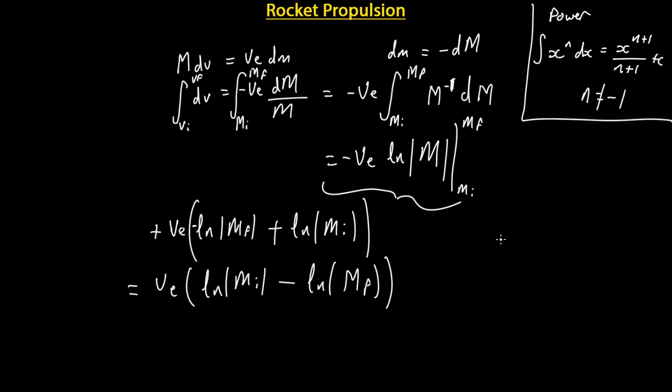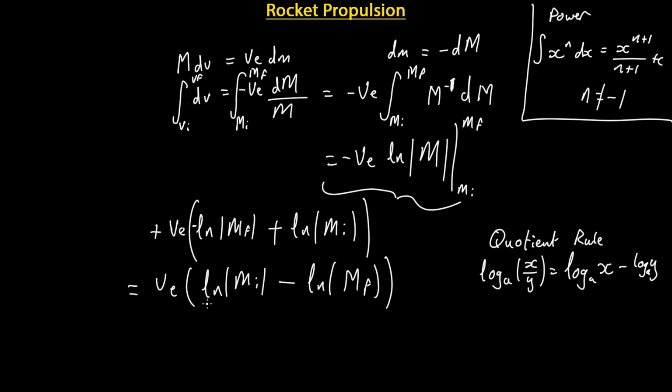And using the quotient rule, which is one of the laws of logarithms, where the logarithm base a of x over y is equal to the logarithm base a of x minus the logarithm base a of y, we can simplify this expression into a fraction.